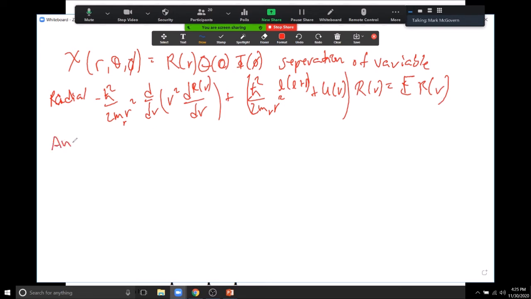The angular part of this, meaning the theta part, looks like 1 over sine theta, d d theta of sine theta, capital Theta of theta over theta.